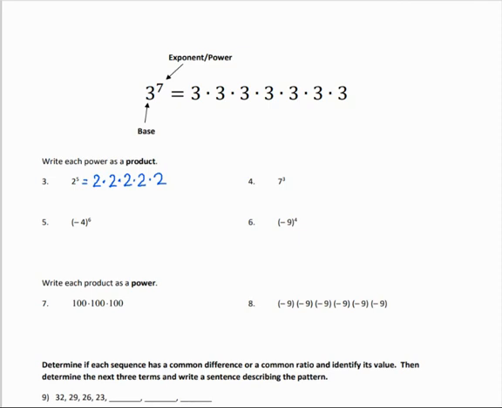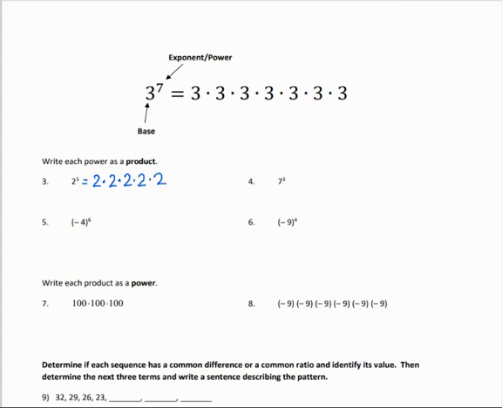But we're just rewriting the power as a product. Okay? Take a moment and do 4, 5, and 6, and then we'll come back and put them up to double check. So I'm going to walk around the room to check how they're doing, and you guys at home work on 4, 5, and 6, and then we'll put them up. Okay? So take 1 minute for that.